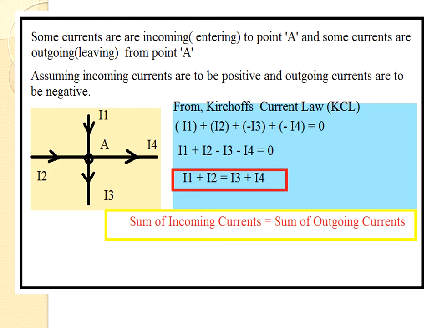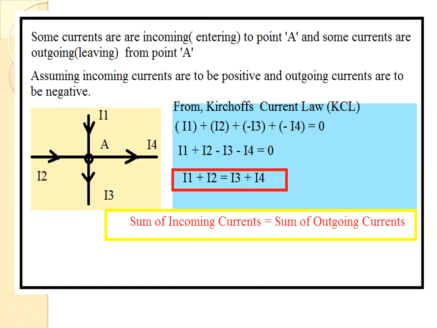Again, some currents are incoming or entering the point A, and some currents are outgoing, leaving from point A. Assume always incoming currents are positive towards the point, and current leaving from the node or junction is assumed negative. Incoming currents are positive, outgoing currents are negative.